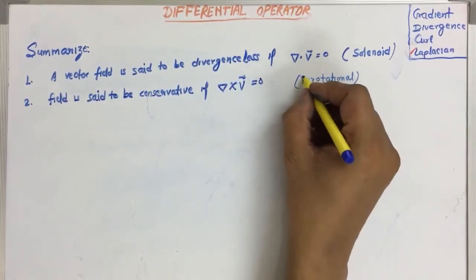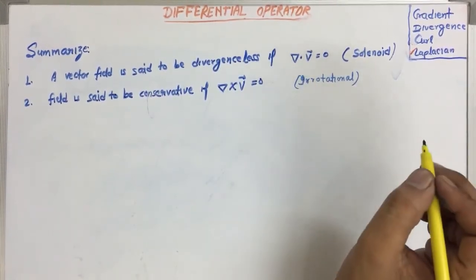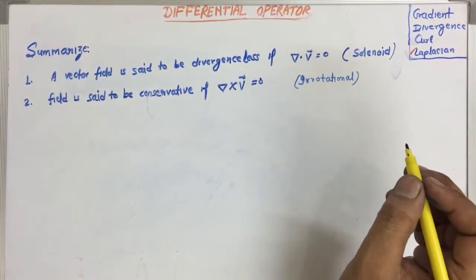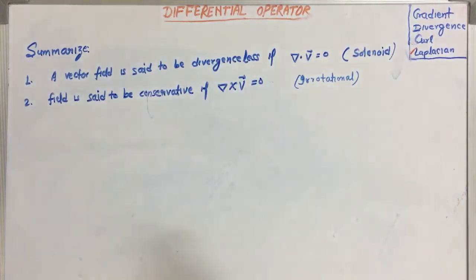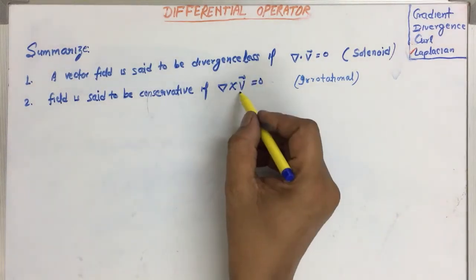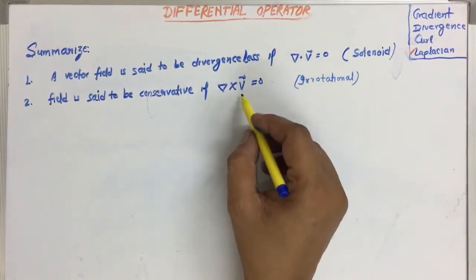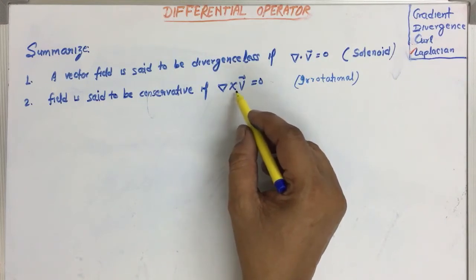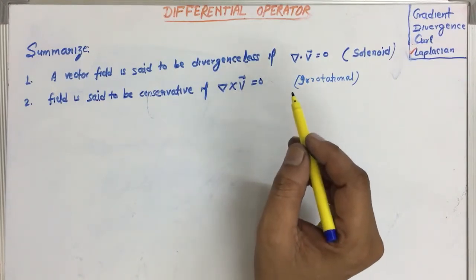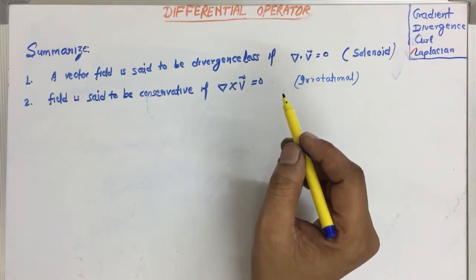So in an exam, the GATE exam or your academic exam, if it is asked to show that the field is conservative, it means you have to show that the curl of the field is 0. Or if it is asked to show that it is irrotational or non-rotational, it means you have to show that the curl of the field is 0.